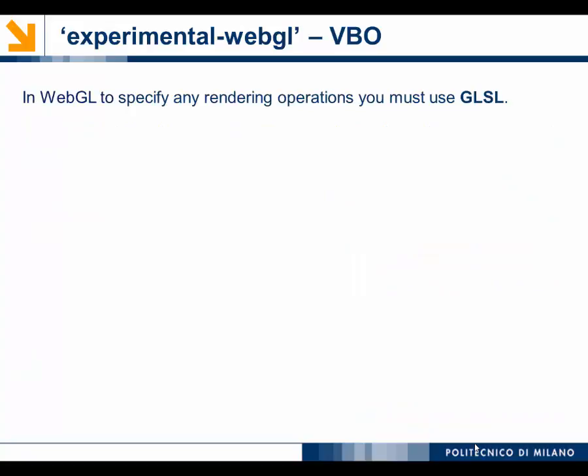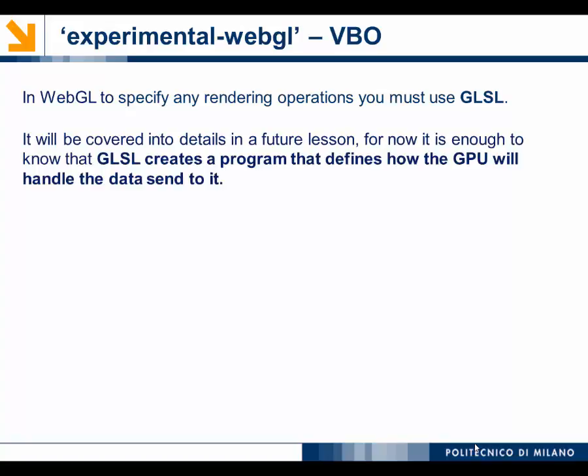At this point, everything is in my GPU memory, and it's ready. I am ready for doing something. For telling WebGL how to use the data I send to it, I have to use GLSL. But since it will be covered in a future lesson, for now, let's simply say that we create a program that will handle the data I send to it, and use it for visualizing a triangle.